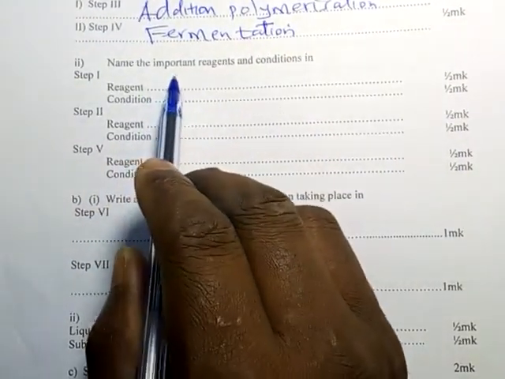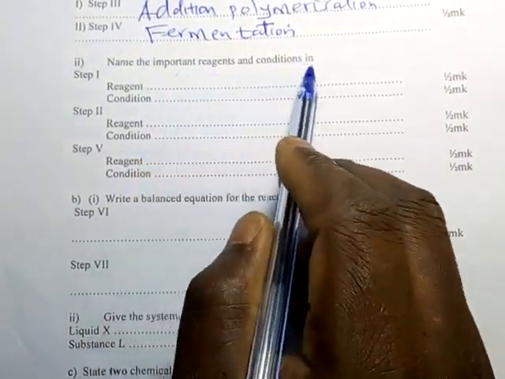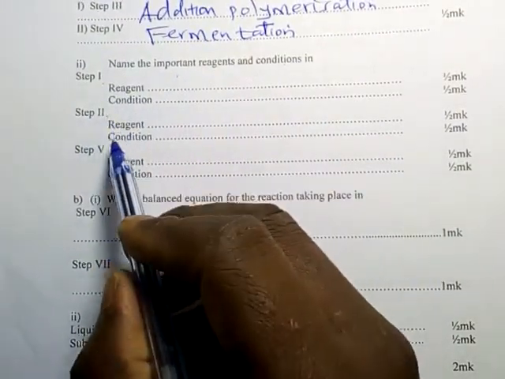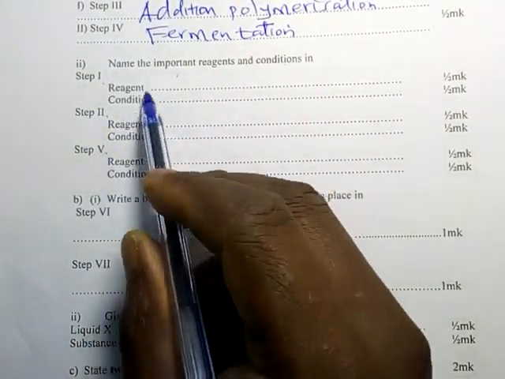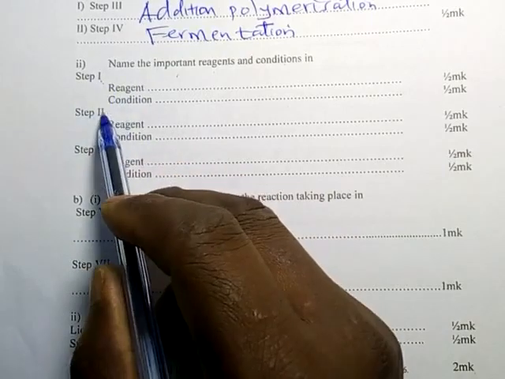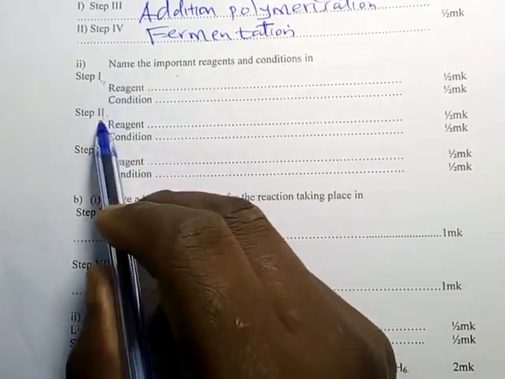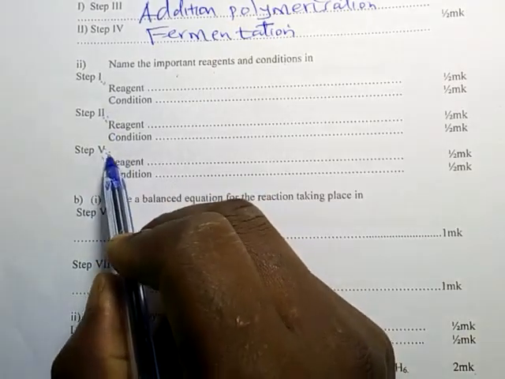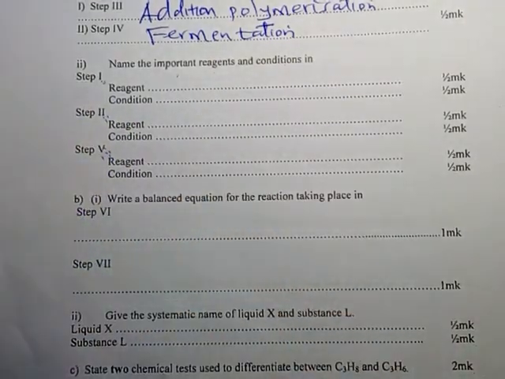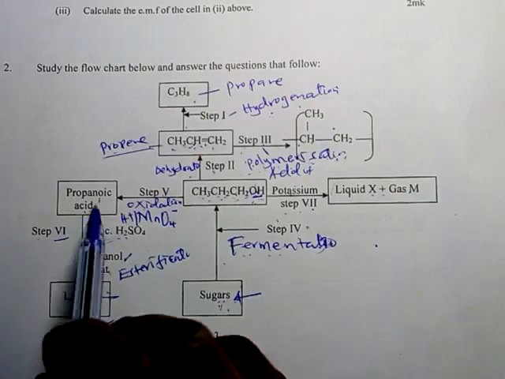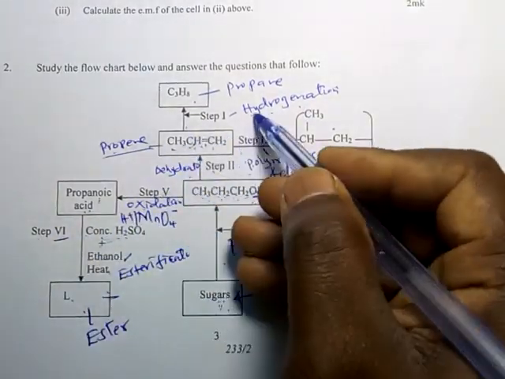Name the important reagents and conditions in step 1, step 2, and step 5. So you go back to the chart and then step 1, it is hydrogenation.